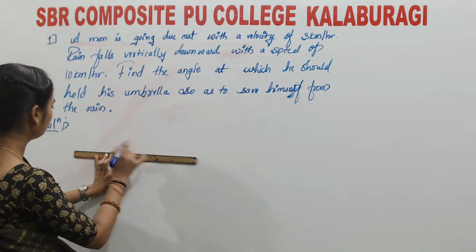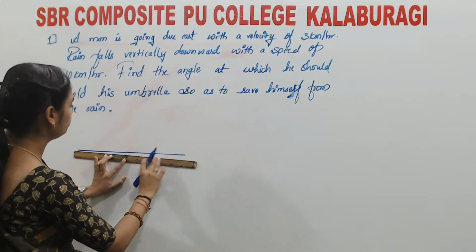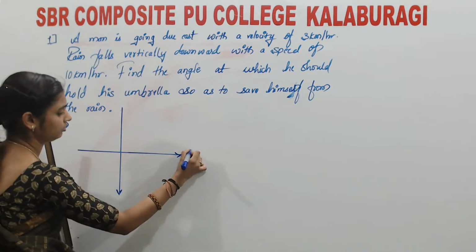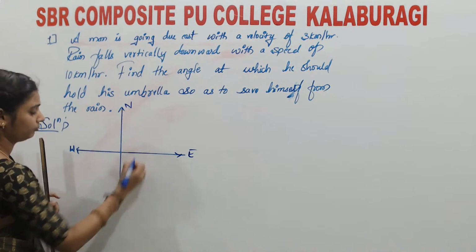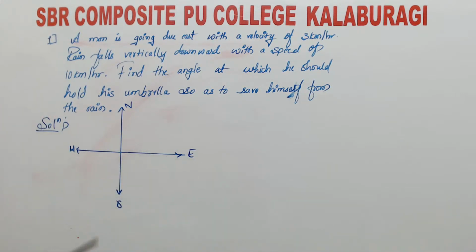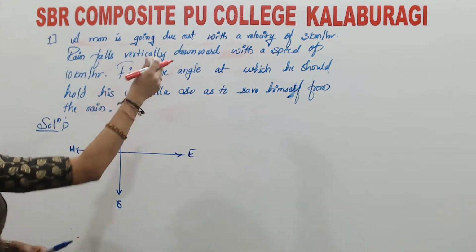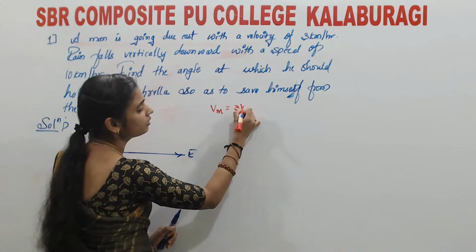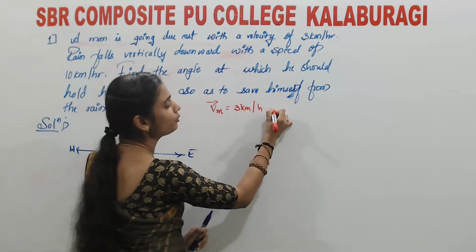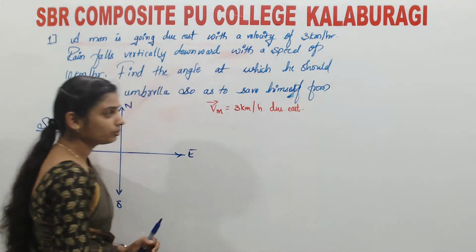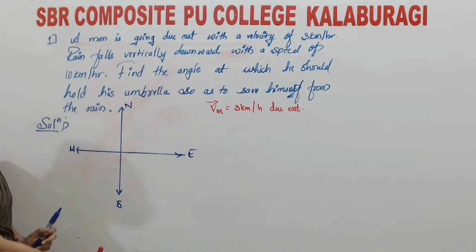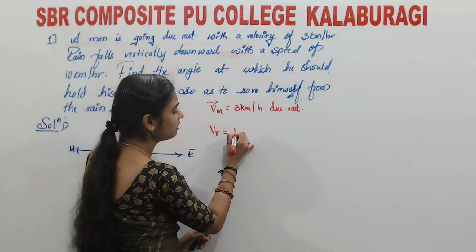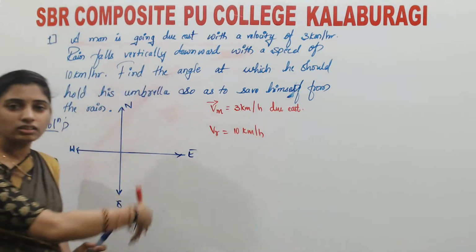Man is moving towards east with a velocity of 3 km per hour, and rain is falling vertically downward with a velocity of 10 km per hour.